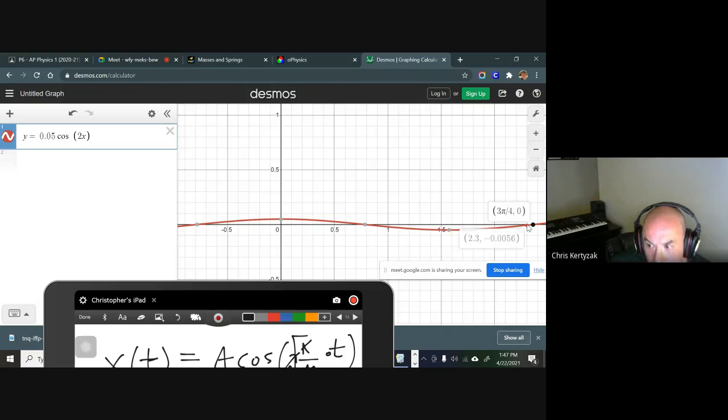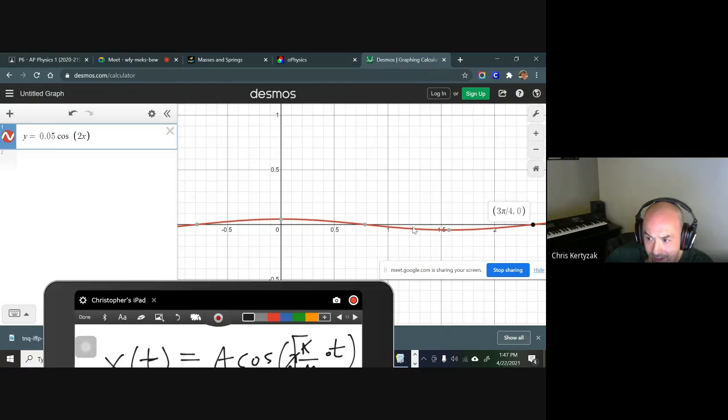So what is the period? 2.3 would represent the physical position, although that's not right. Something's not right here. I don't think I saw that right. Try again. 2.3. Why is it saying 2.3? Yeah, that's not right. So 3 pi over 4, this is like x comma y, right?